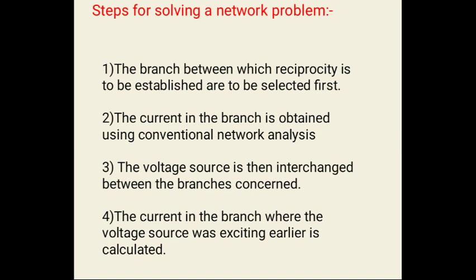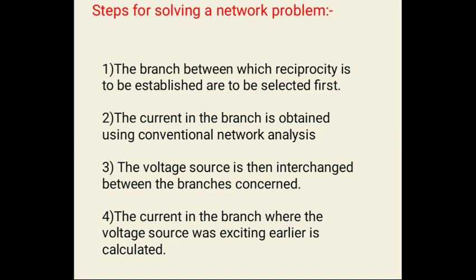Now there are some steps for solving a network problem using the reciprocity theorem, or for its proof. First, the branch between which the reciprocity is to be established is selected. It means in the given network we have to select a branch in which we are going to prove reciprocity.